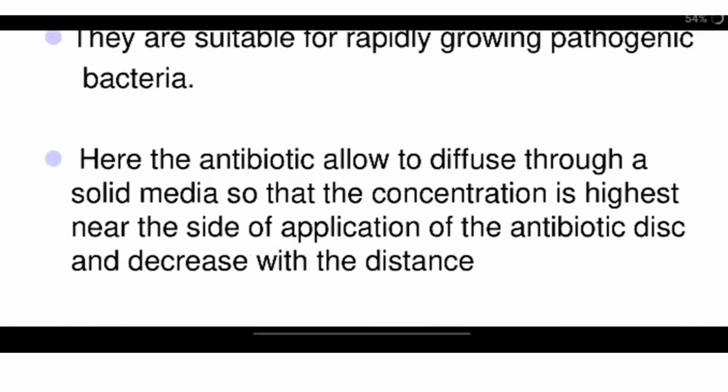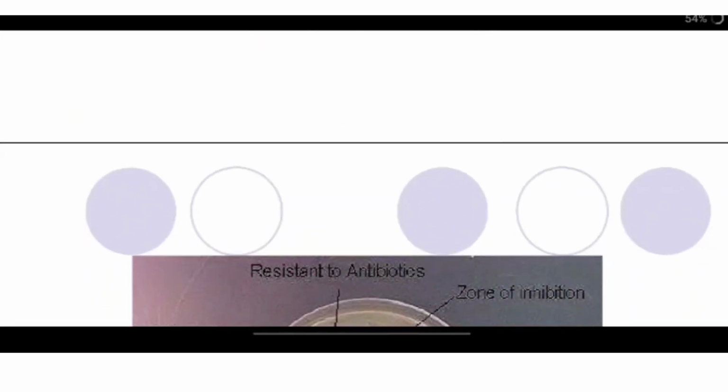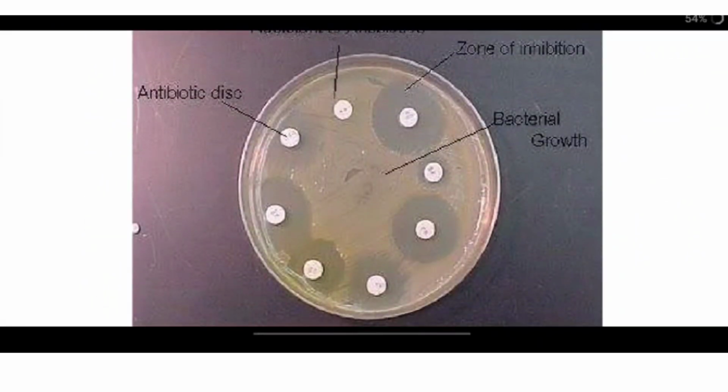Here, the antibiotic is allowed to diffuse through a solid media so that the concentration is highest near the site of application of the antibiotic disc and decreases with the distance. So, what we do here, this is the antibiotic sensitivity testing plate on which different antibiotic discs are placed on the same plate.